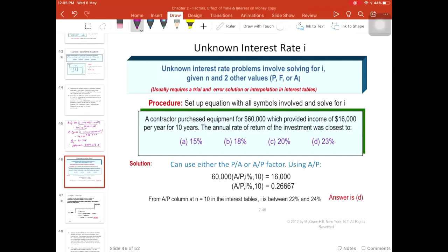Okay, from this number you can see the column A/P, correct? You find in the tables at column A/P, N equals 10. You have to check page by page, which one the number is closest. Within this number, we go page by page through the I. You don't know the I. So the number is between 22 and 24.